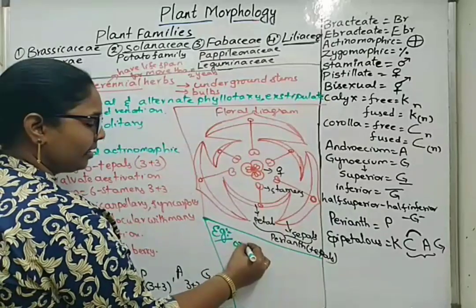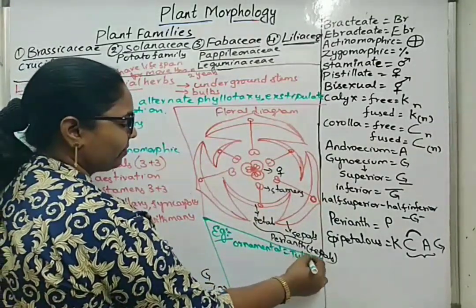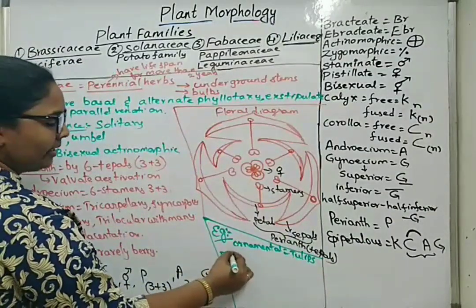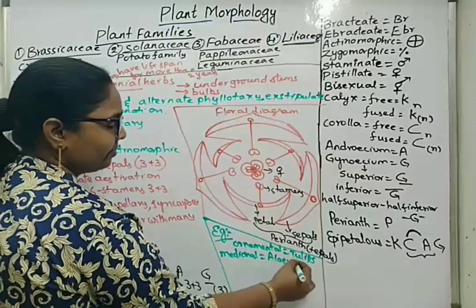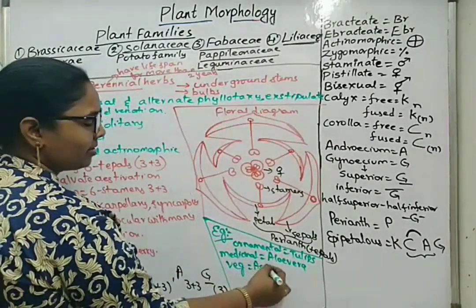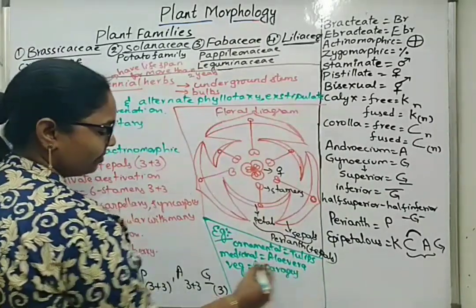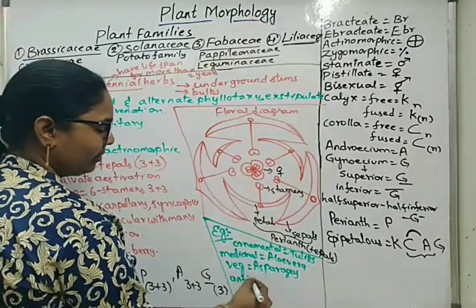Examples: under ornamental, tulips. Under medicinal, aloe vera. Under vegetables, asparagus. Again, an anti-cancer drug, Colchicum autumnale.